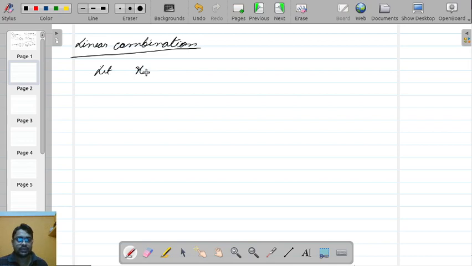Let us denote them x1, x2, up to xr. Remember, x1 itself is a vector, something like x11, x12, x13 and so on. Let x1, x2, up to xr be vectors, or in LPP usually we use the term points, in E to the power n, that is n-dimensional Euclidean space. Each of these is a point in E to the power n.